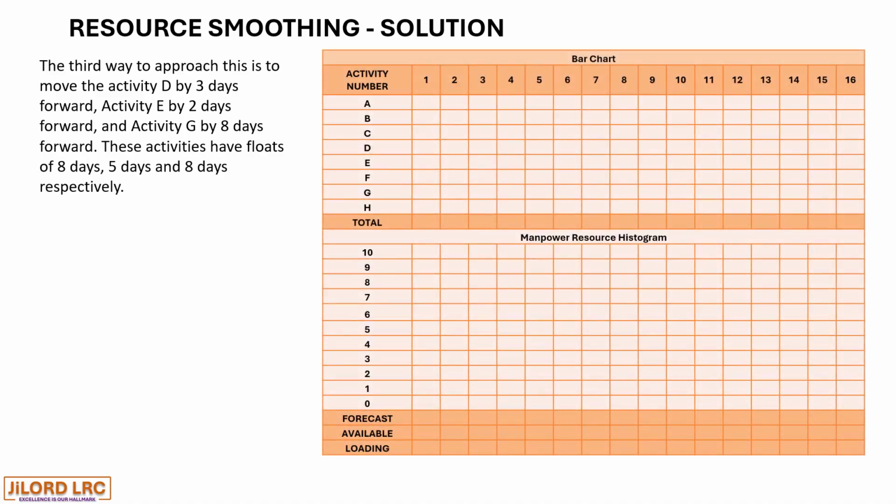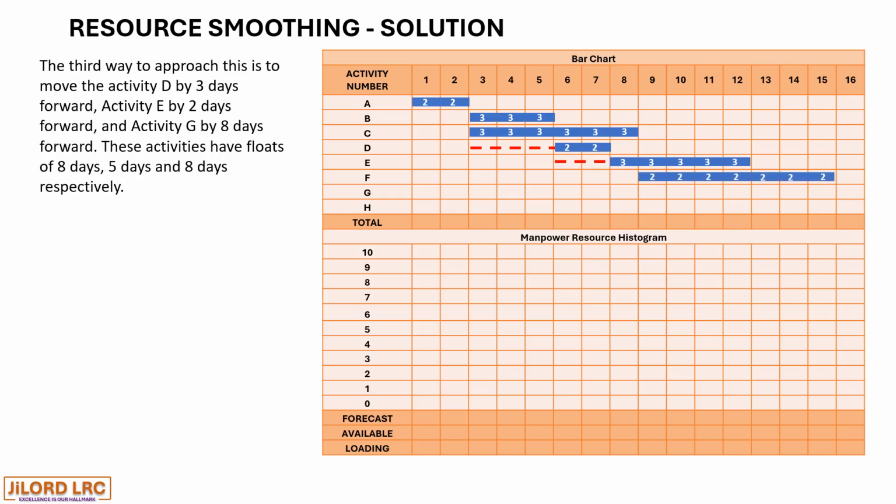So we have A, which is on the critical path, will not move. B has not been touched. C remains where it is, but D would have to move by 3 days. And E would have to move by 2 days. And F remains where it is. G would have to move by 8 days. And H is on the critical path and will not move.